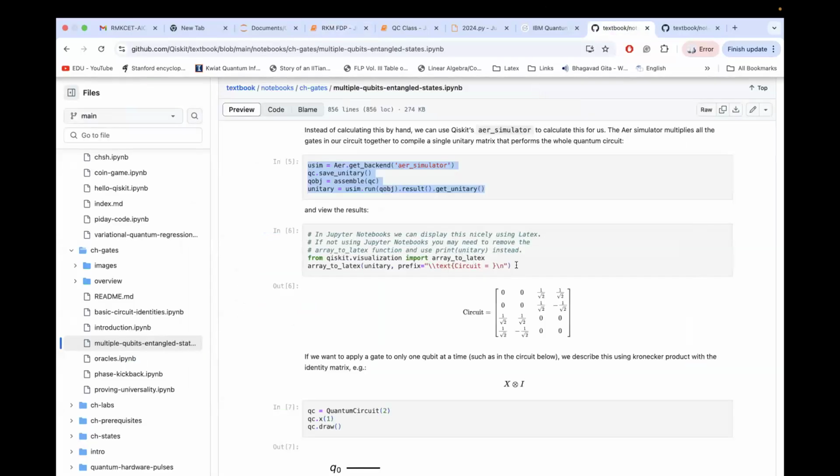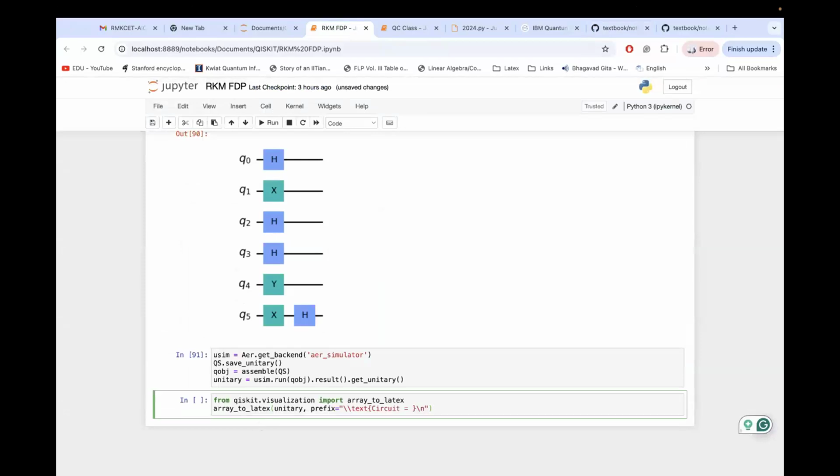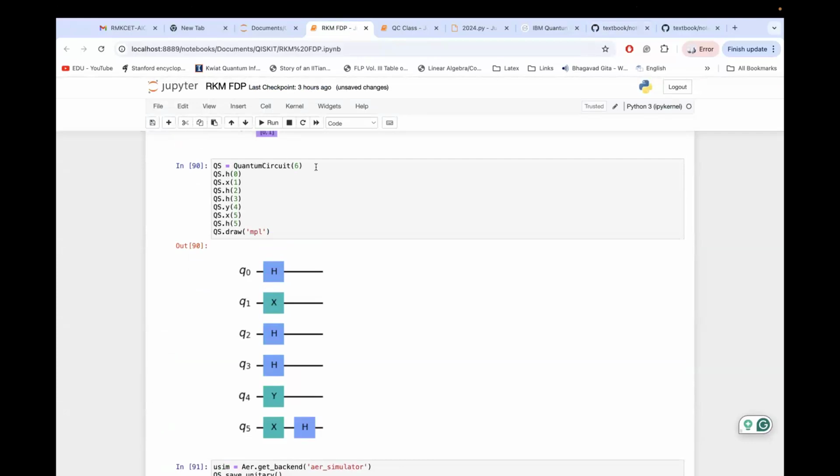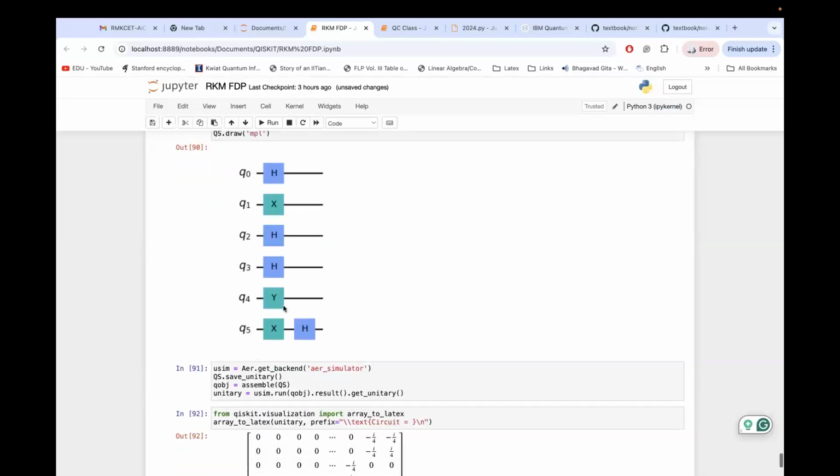For example, you have a 6 qubit quantum circuit, and that circuit has the name QS, and we are applying a series of unitary gate operations to that circuit. And after this series of gates, we are drawing just the circuit.